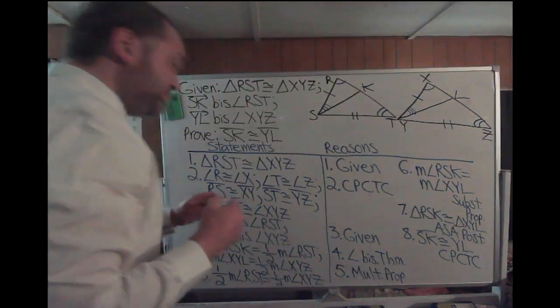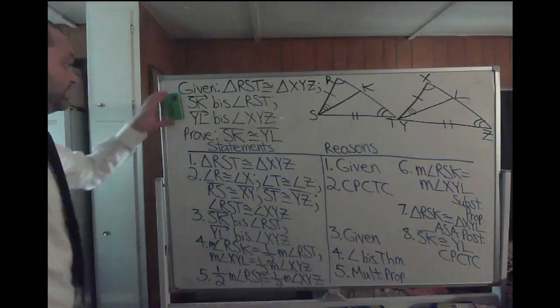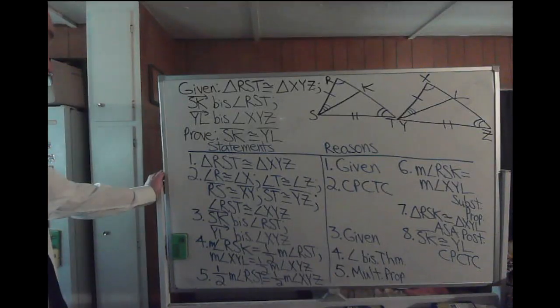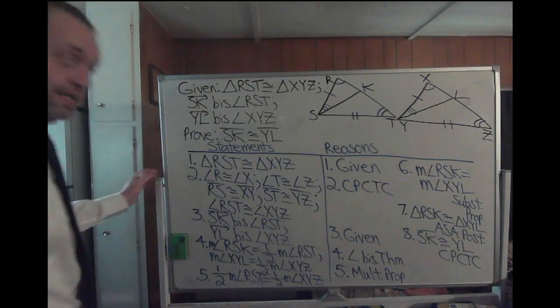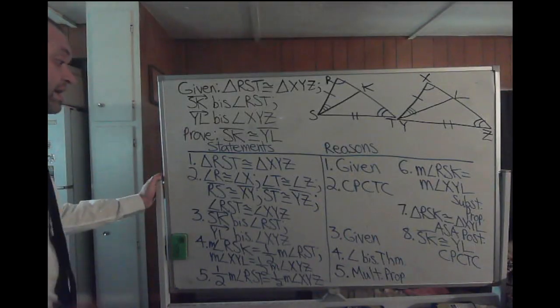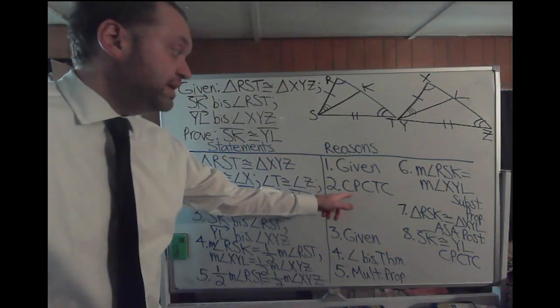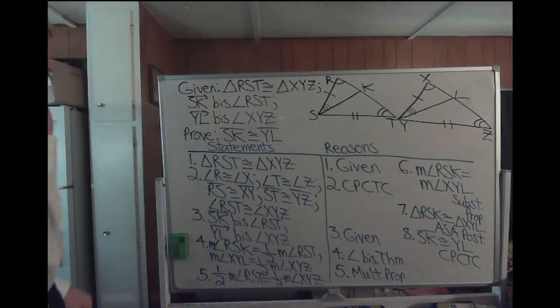So let me go through this proof here. This was a doozy. It was an 8-step proof. So let's start with the first piece of given information, that triangle RST is congruent to triangle XYZ. That was given to us. Now, the next conclusions we were all able to reach for reason 2 being CPCTC, corresponding parts of congruent triangles are congruent.